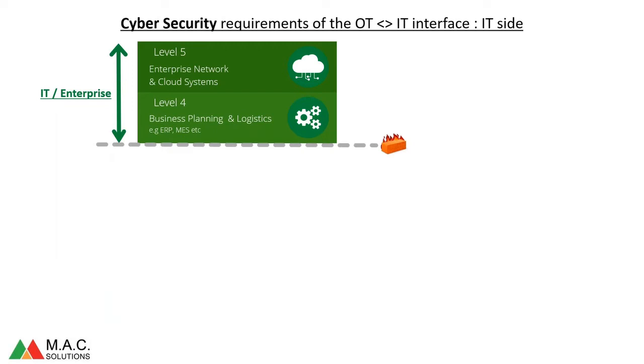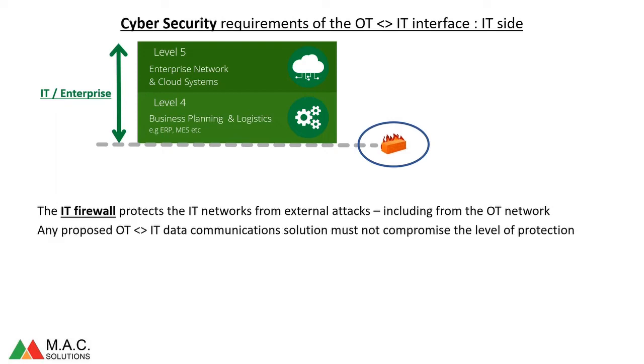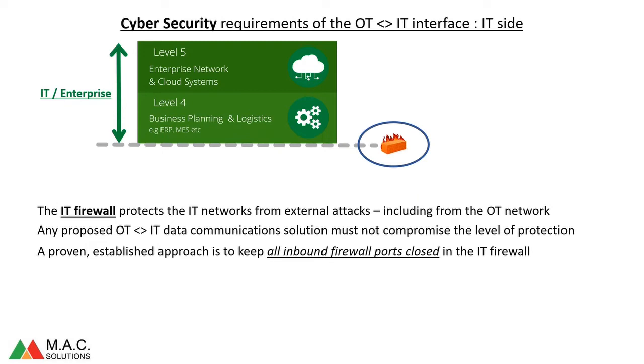Secondly, let's look at the cyber requirements from the perspective of the IT side and the OT side as well. From the IT side, the IT firewall is there to protect the network from external attacks, including attacks from the OT network upwards. So any proposed solution can't compromise the level of protection provided by that firewall.